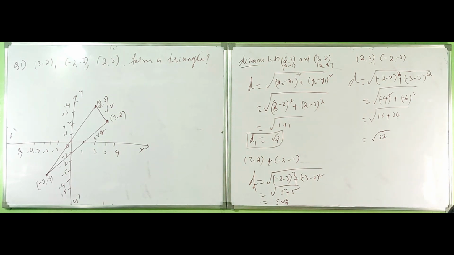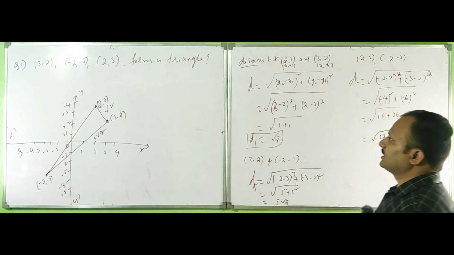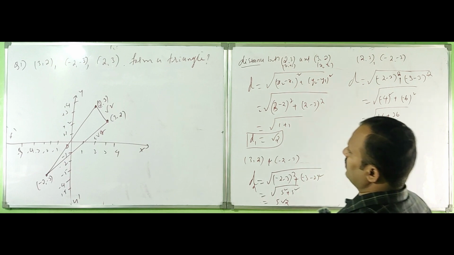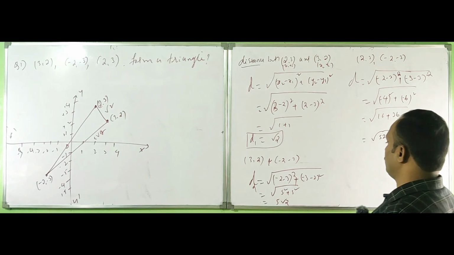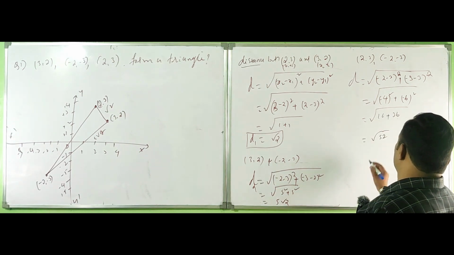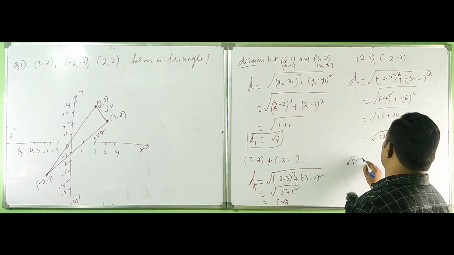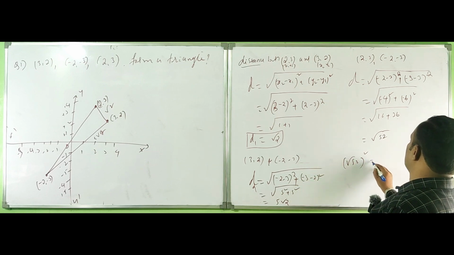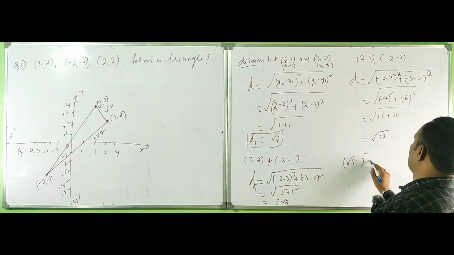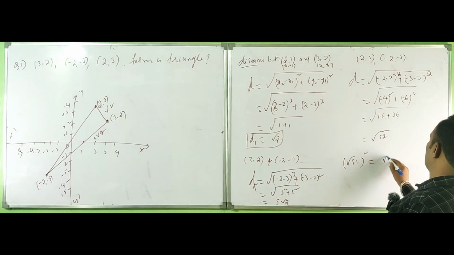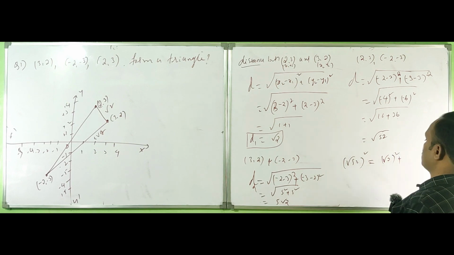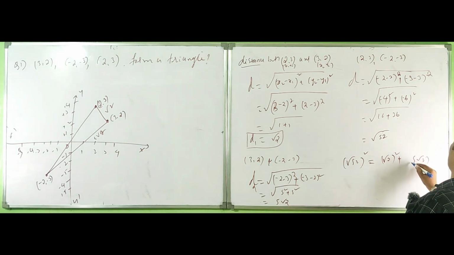52 you can do it. This is a big value. 52 can be written as 2 square plus 5 root 2 whole square.